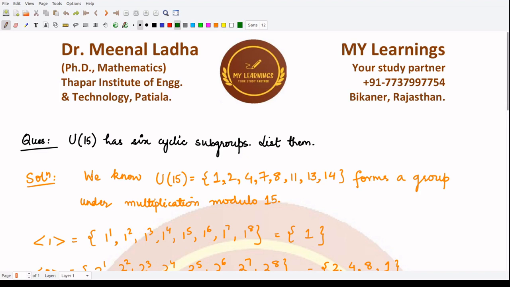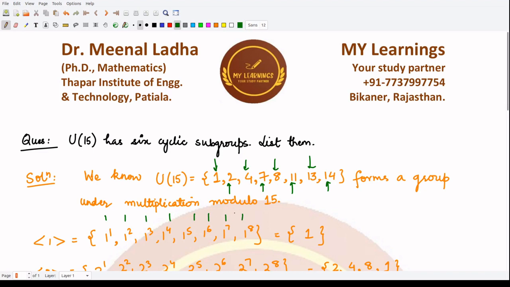So here let's see what is the group which is generated by 1, 2, 4, 7, 8, 11, 13 and 14, each element of this group. So the group which is generated by 1 is obtained when you take the powers of 1. So basically 1 raised to power 1, 1 raised to power 2, 1 raised to power 3 up to 1 raised to power 8. Right, and when you solve each one of them, you only are going to get the element 1, right?